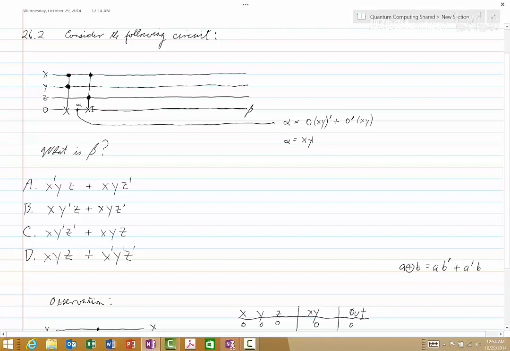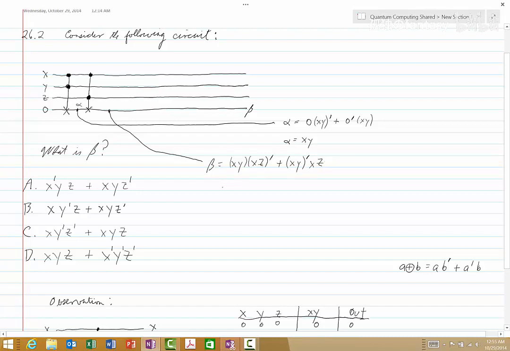And now we apply the principle again at this point to get beta. So we'll get xy ANDed with xz prime, and then that gets ORed with xy prime ANDed with xz.